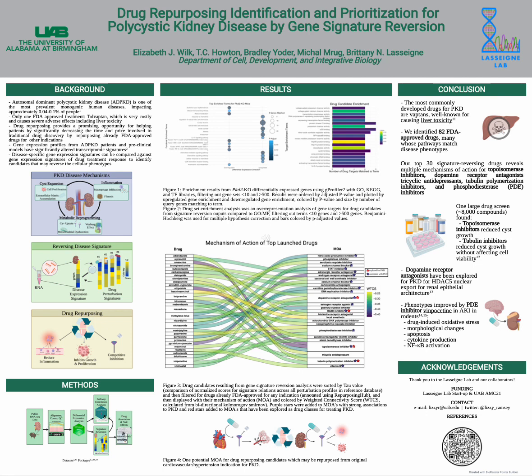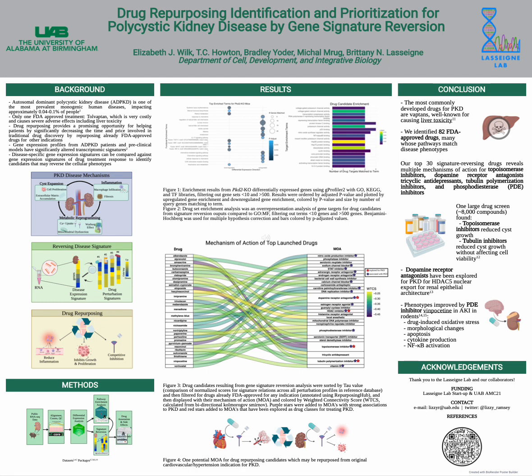So I have a little bit of information about the main hallmarks of PKD and some of the driving mechanisms for those phenotypes. And then when we look at those disease signatures, we can find inversely related drug perturbation signatures. And from there, those drugs may very well work on those molecular mechanisms as mentioned in the first.